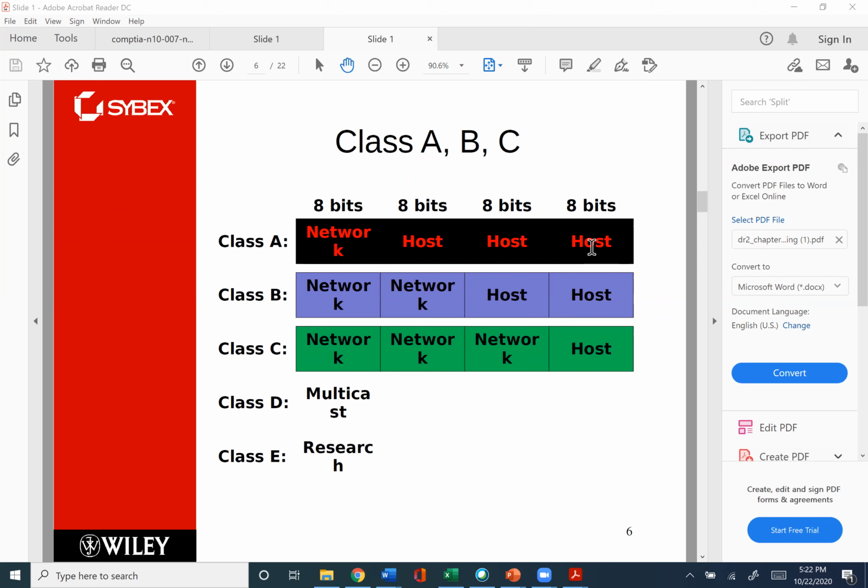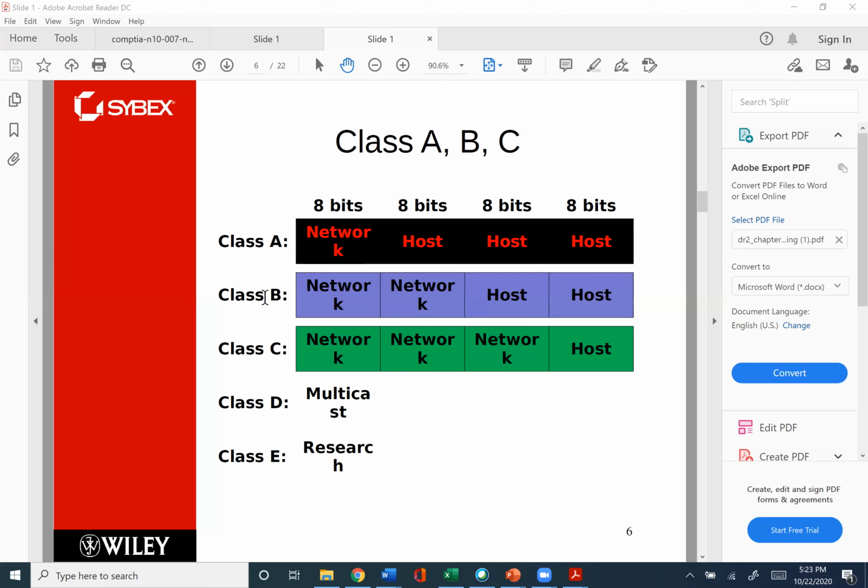Each one of those networks will have 2 to the power 24 possible hosts. So any IP address with class A will have 2 to the power 24 hosts possible to connect to it.